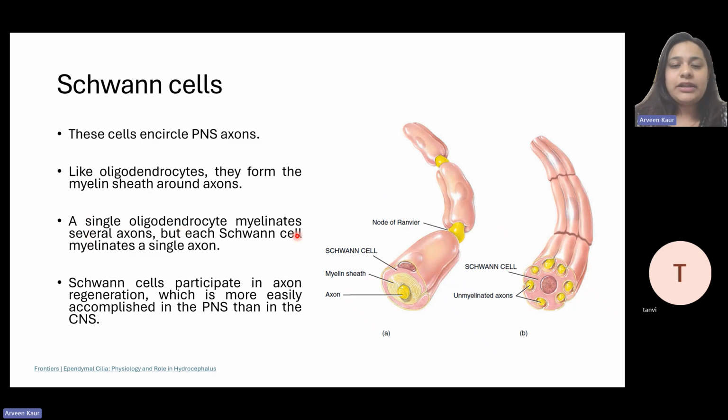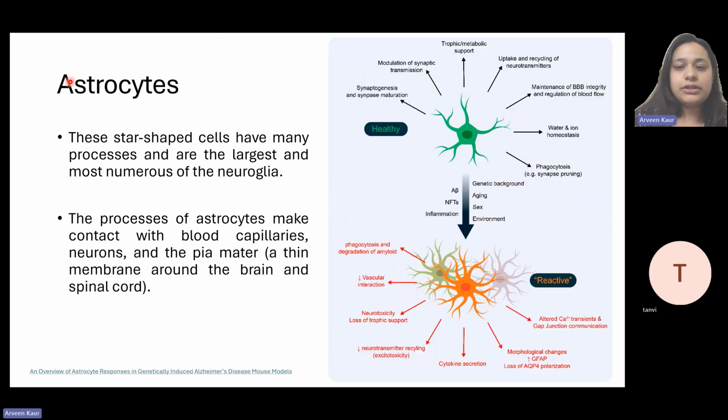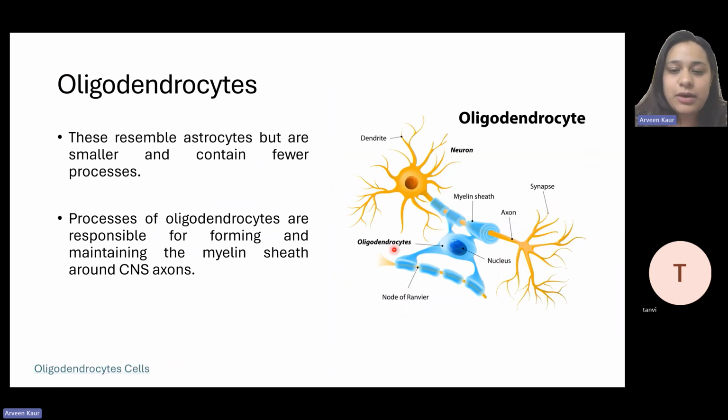A single oligodendrocyte myelinates several axons, but a Schwann cell myelinates a single axon. That means that in the CNS, one oligodendrocyte could myelinate multiple axons, right? If we go back to that representation, I can show it to you. There was this one oligodendrocyte and the multiple axons it could myelinate.